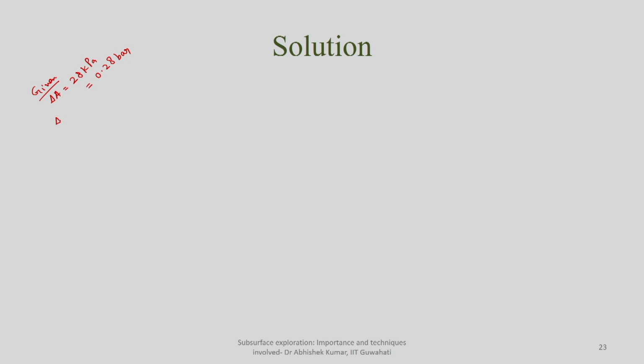Then the value of delta B, you can call it 48 kPa or 0.48 bar. And the Zm value, which is given as 5 kPa, will be 0.05 bar. Now you have the value of depth here.